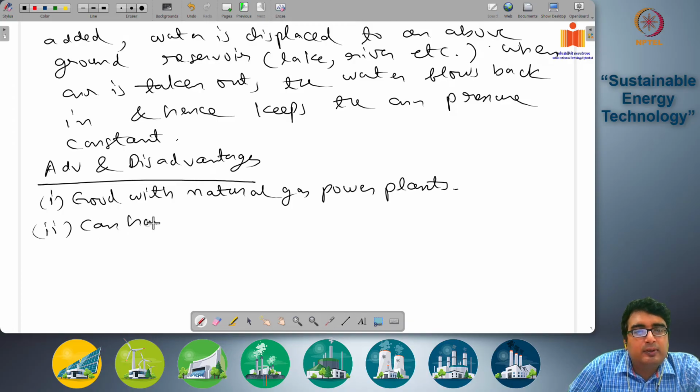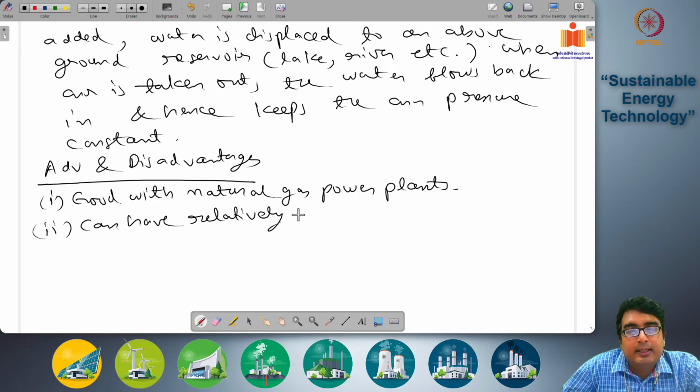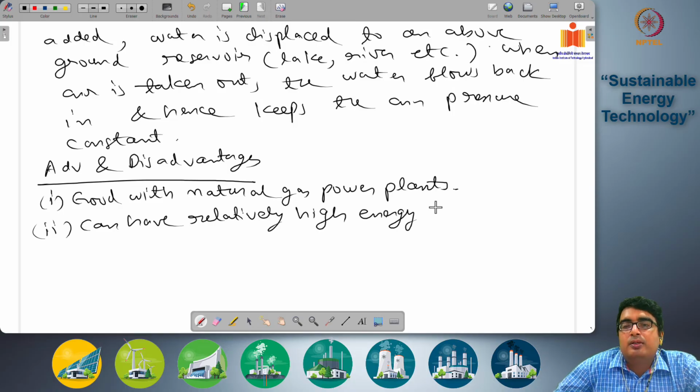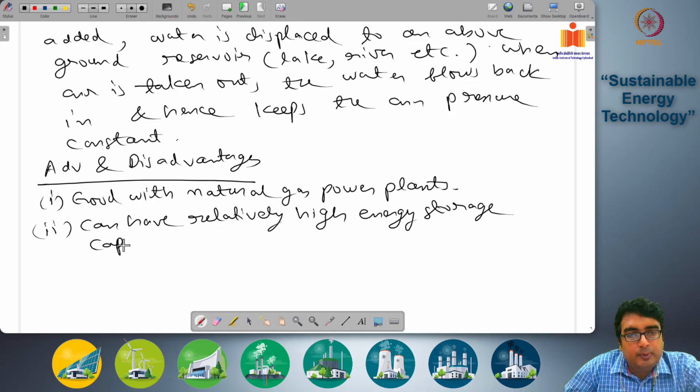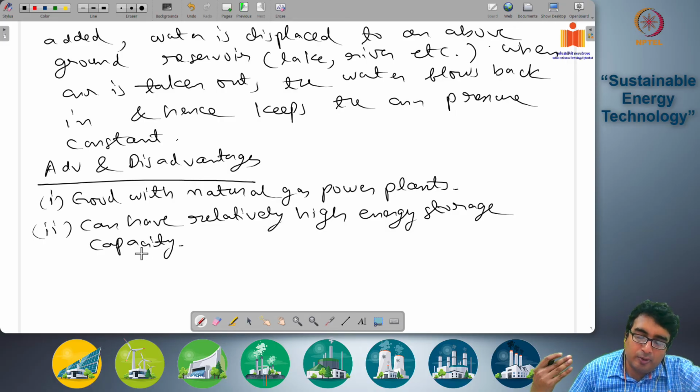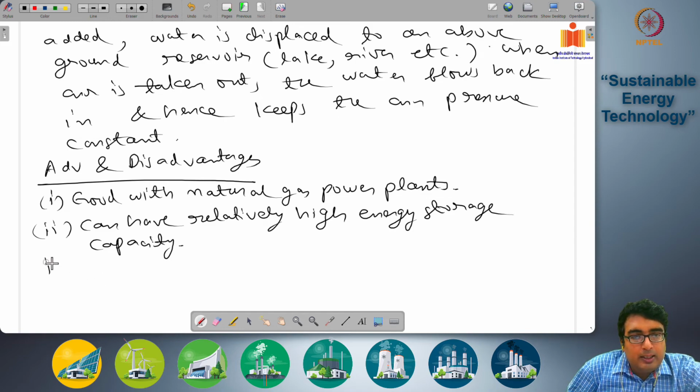It can have relatively high energy storage capacity. So when you have large underground caverns, and you could put large quantities of pressurized air in it, the energy storage capacity is also relatively large. Now these two are the good things.